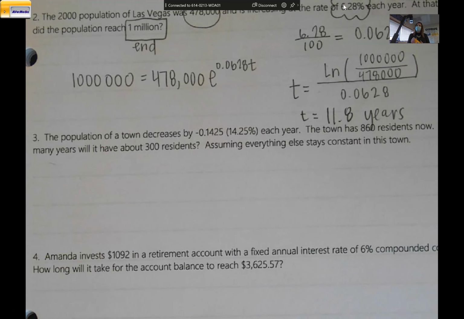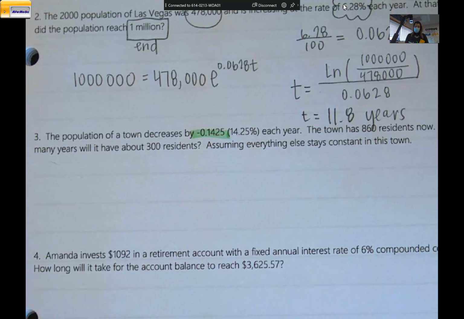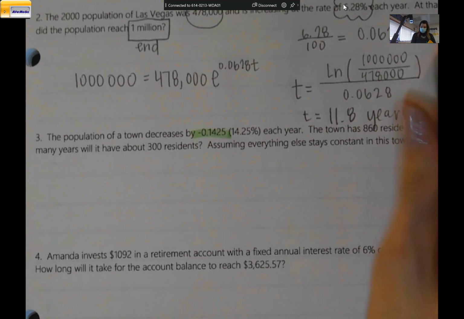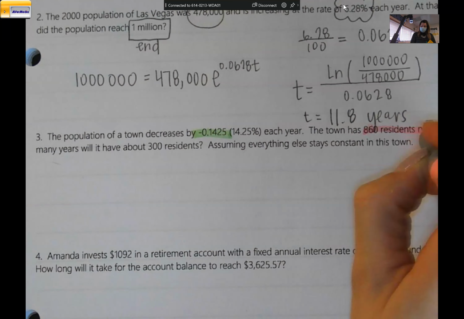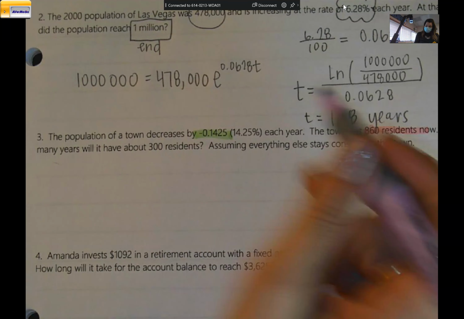Okay, next one is another population one. A population of a town decreases by 14.25% each year. So that's your rate. The town has 860 residents now. That's your start amount. In how many years will it be 300 residents?